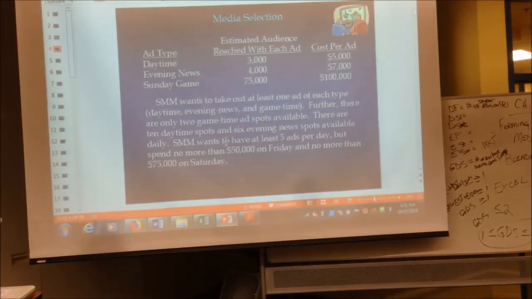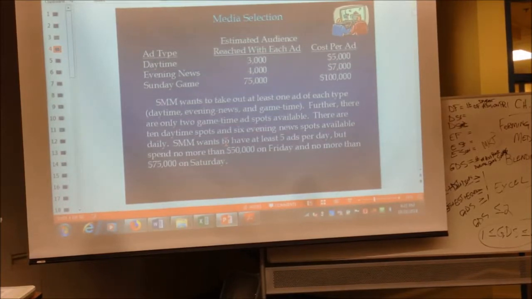At least 5 ads per day, such as 5 ads on Friday. How many variables represent Friday? 2. So it'd be however many daytime ads Friday, plus however many evening ads Friday, added together, have to be greater than equal to 5. Because that's how you change that sentence.